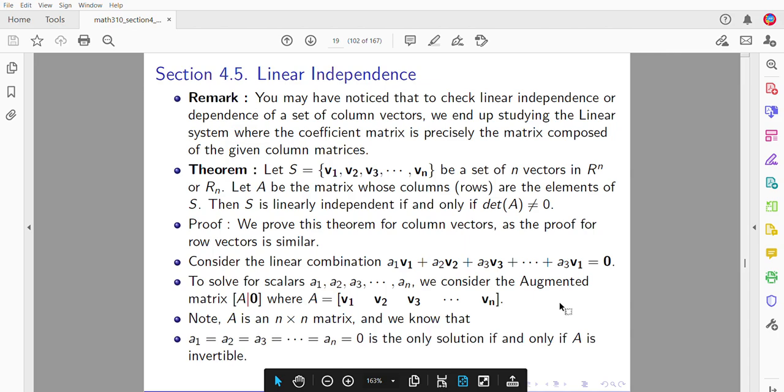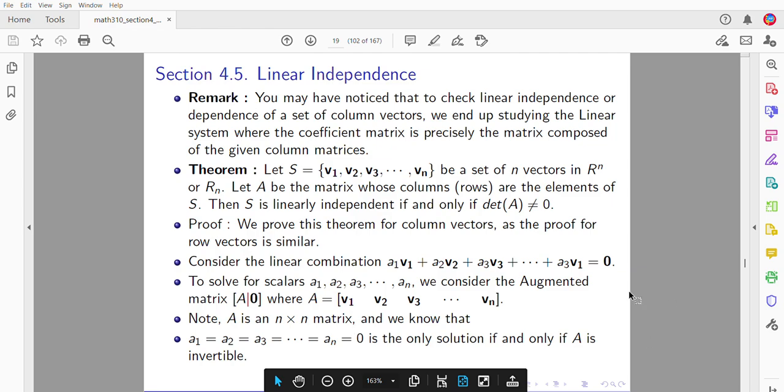Further, we know that the coefficients being 0 is the only solution if A can be inverted, right? This is an old result we saw from chapter 3. There is a unique solution to this linear system if and only if A is invertible. What does an invertible matrix look like?